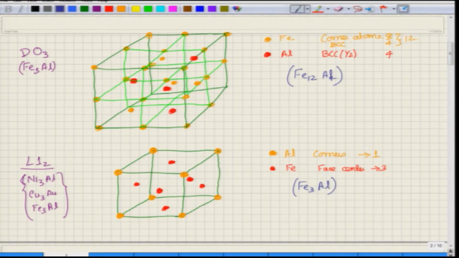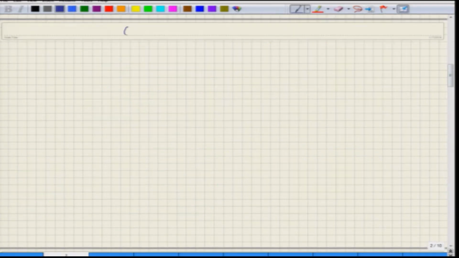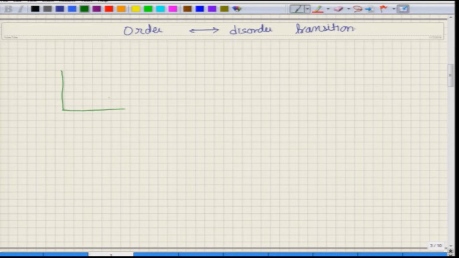Next thing that I want you to understand is something called the order disorder transition. Okay, so let me give you an example with respect to our B2 structure. So, in the B2 structure, if you remember, I will have to draw 2 systems, one the ordered one and the other the disordered one.